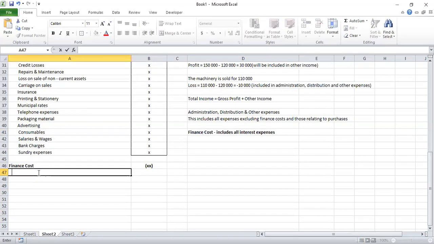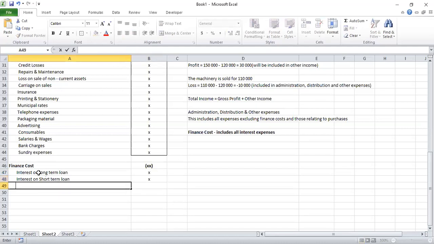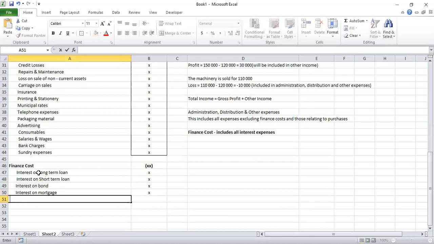We can have interest on long-term loan, interest on short-term loan, interest on bond, interest on mortgage, interest on bank overdraft, right?